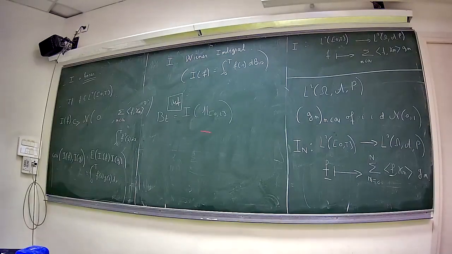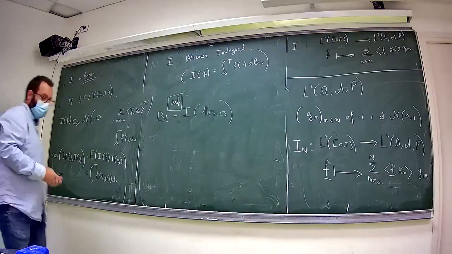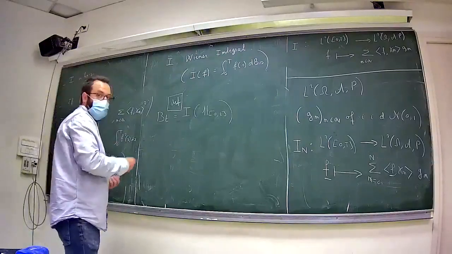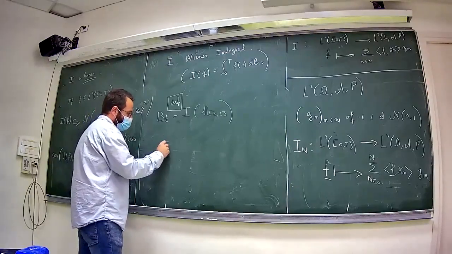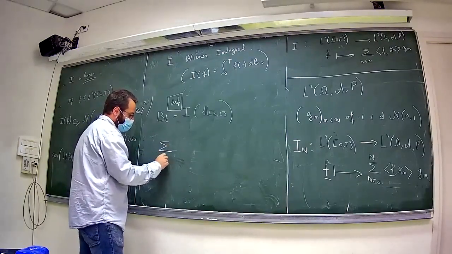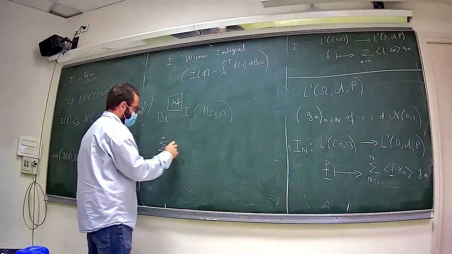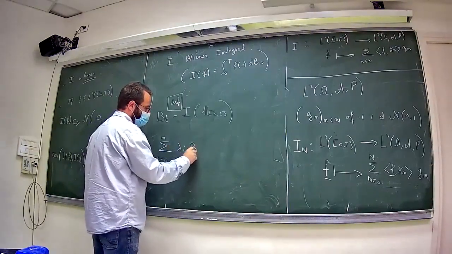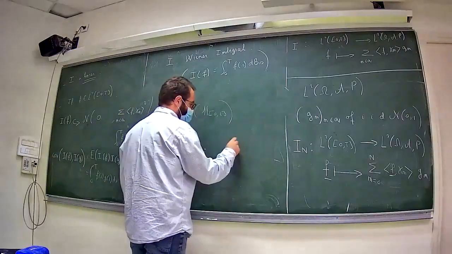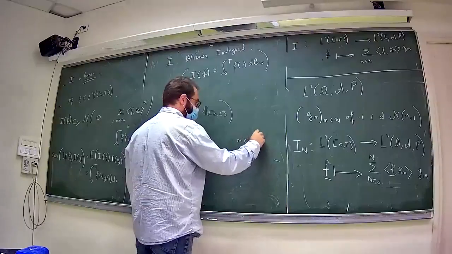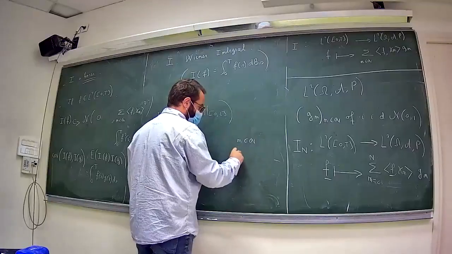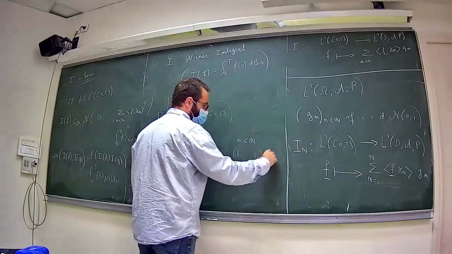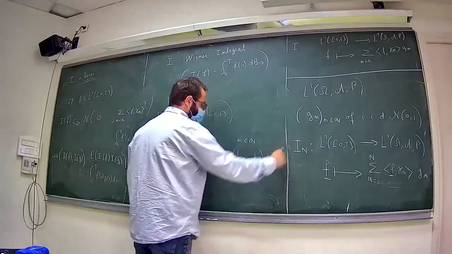In order to prove that, I have to consider this kind of linear combination, with n belonging to N star and with lambda_1 to lambda_n and t_1 to t_n belonging to [0,T]^n.